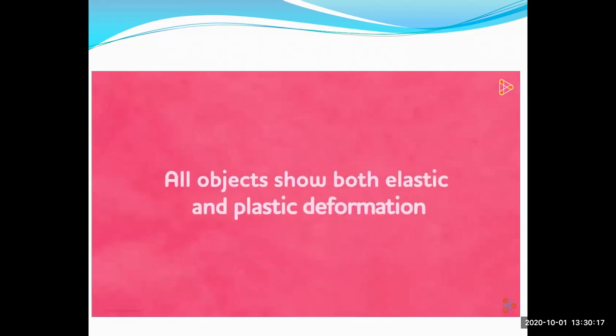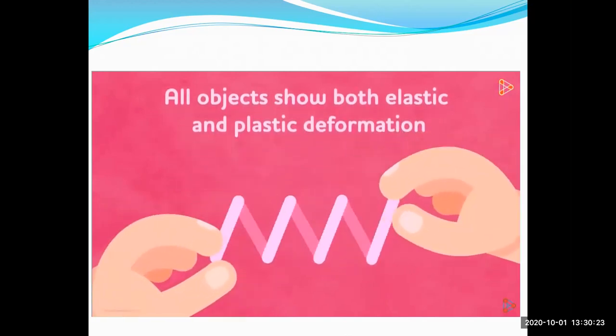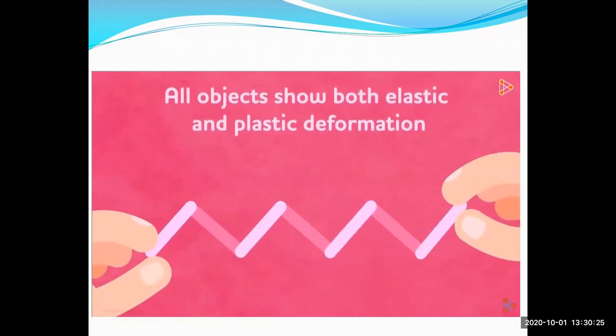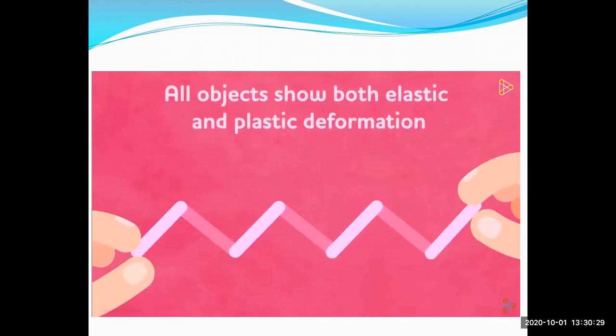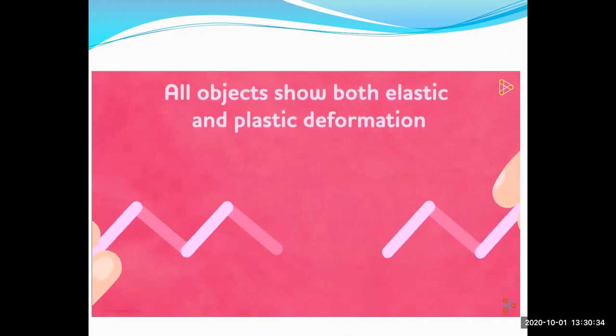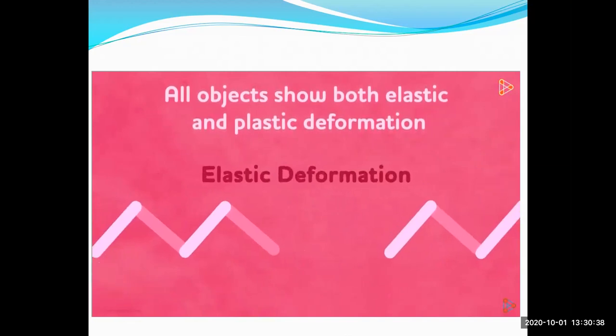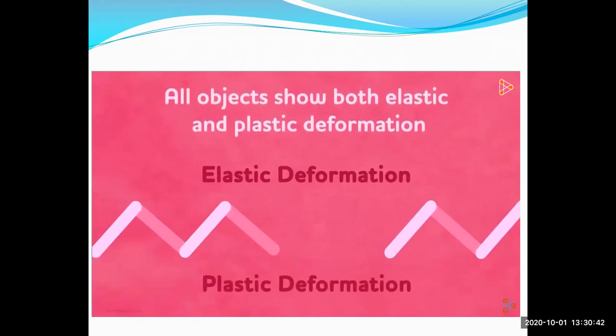Generally, all the objects show both types of deformations. Yes, for instance, if we just keep extending the spring forever, there will be a certain limit beyond which the length won't increase further. And if we try to apply more force, the spring may loosen and end up breaking. So the spring shows elastic deformation up to some extent, beyond which it results in plastic deformation.